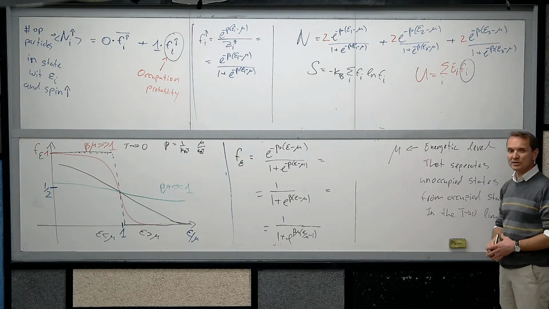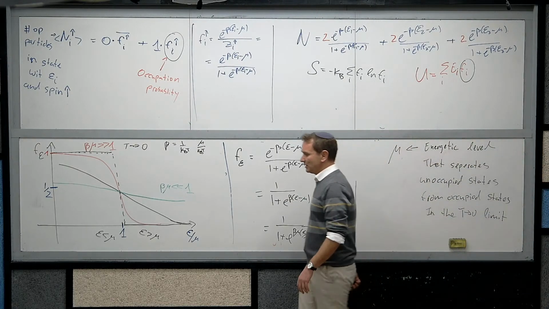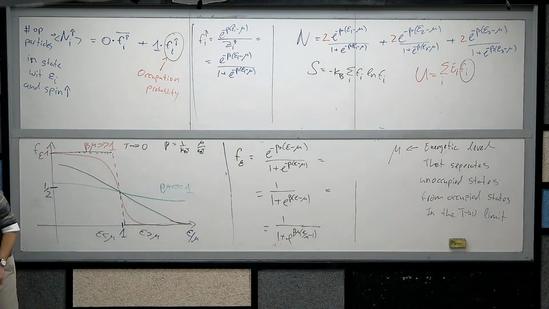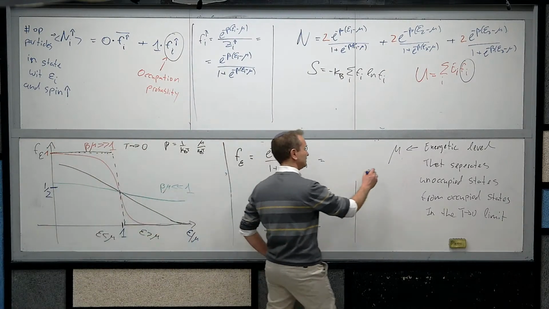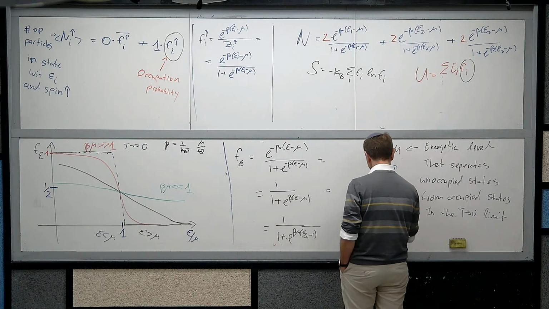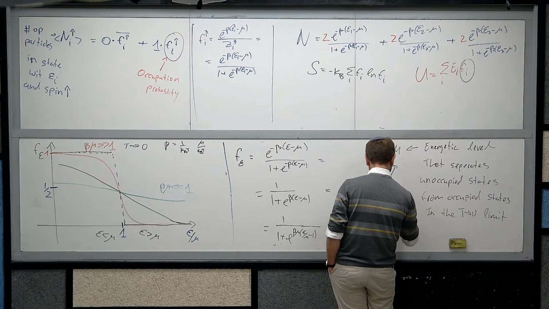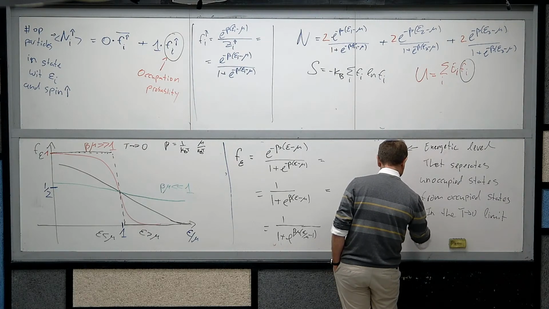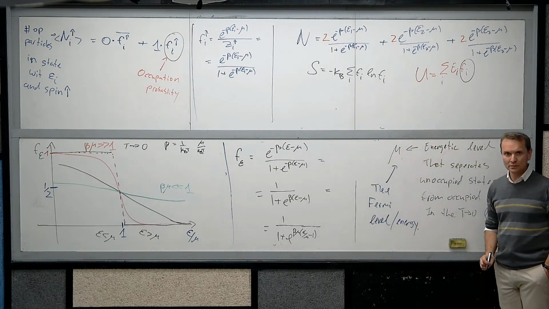Now, because it's a very important level, it has a name, and it's termed the Fermi level, or Fermi energy.